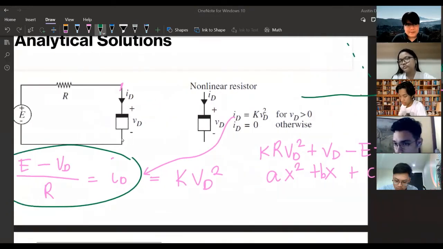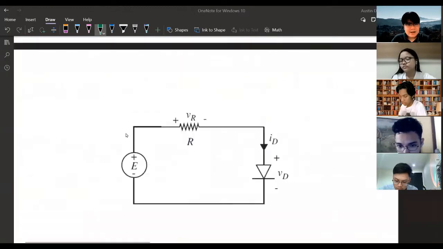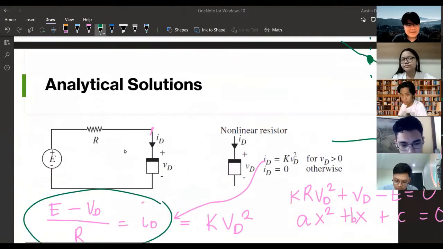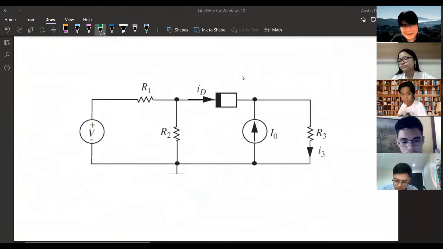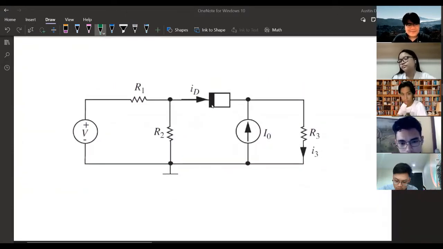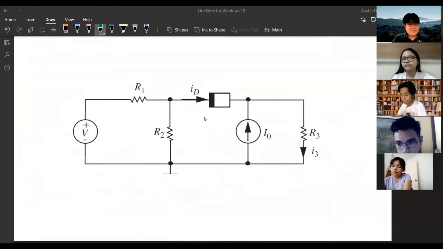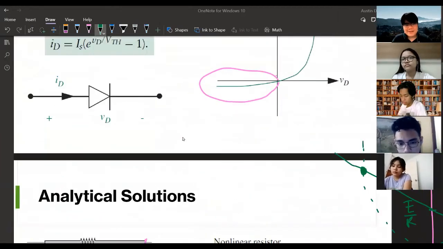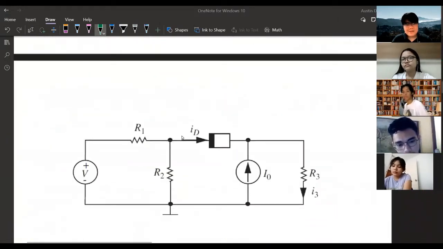Okay. Let's proceed. Let's try a harder example. Okay, ganito na. Kanina dali, di ba? Kasi isang ikot lang yun. Ganito pa. Paano mag ganito? Now, alalahanin natin na yung superposition, hindi siya gumagana pag gagawin mo siya sa isang nonlinear element.